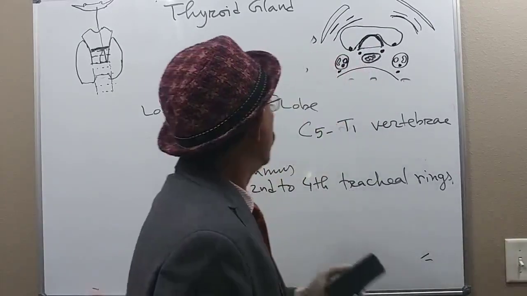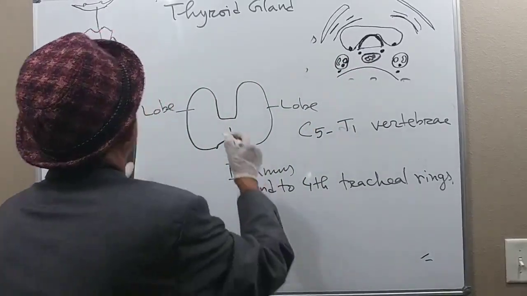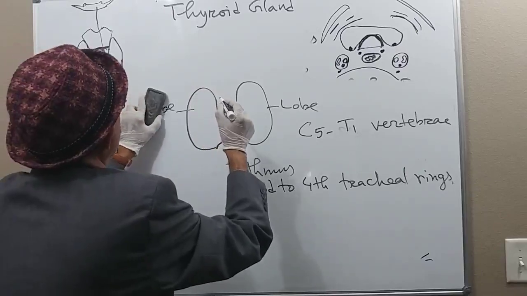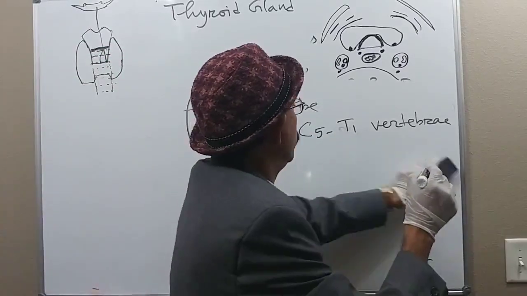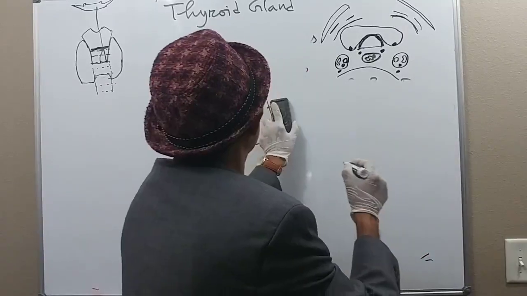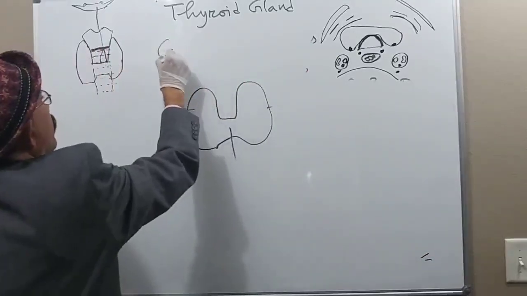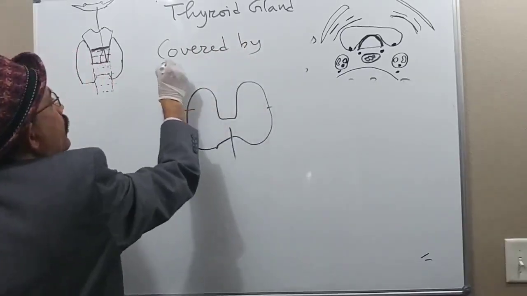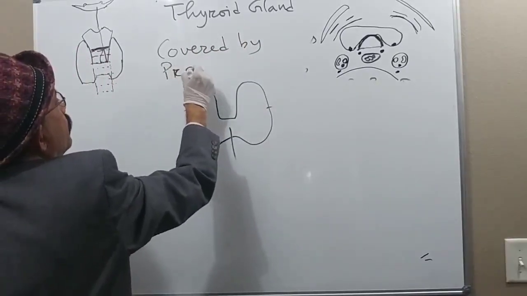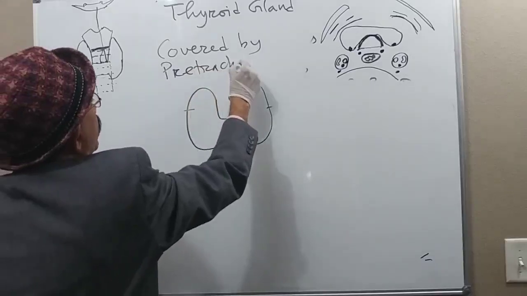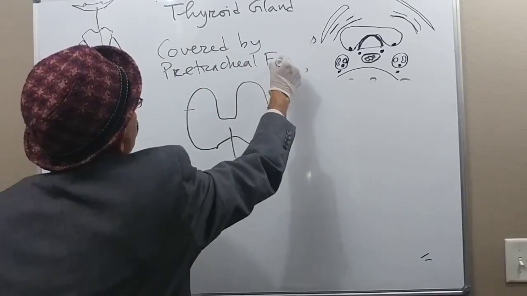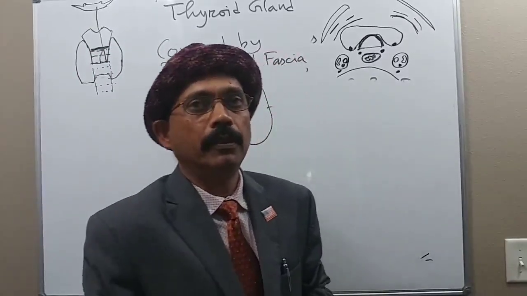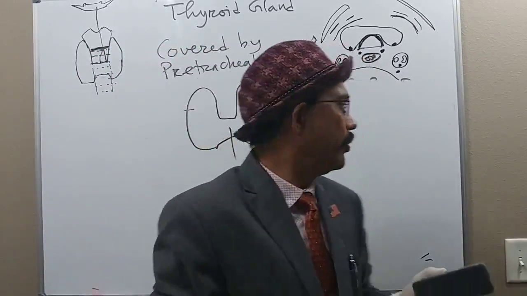The thyroid gland is covered by a capsule derived from the pretracheal fascia. The thyroid gland has two lobes.